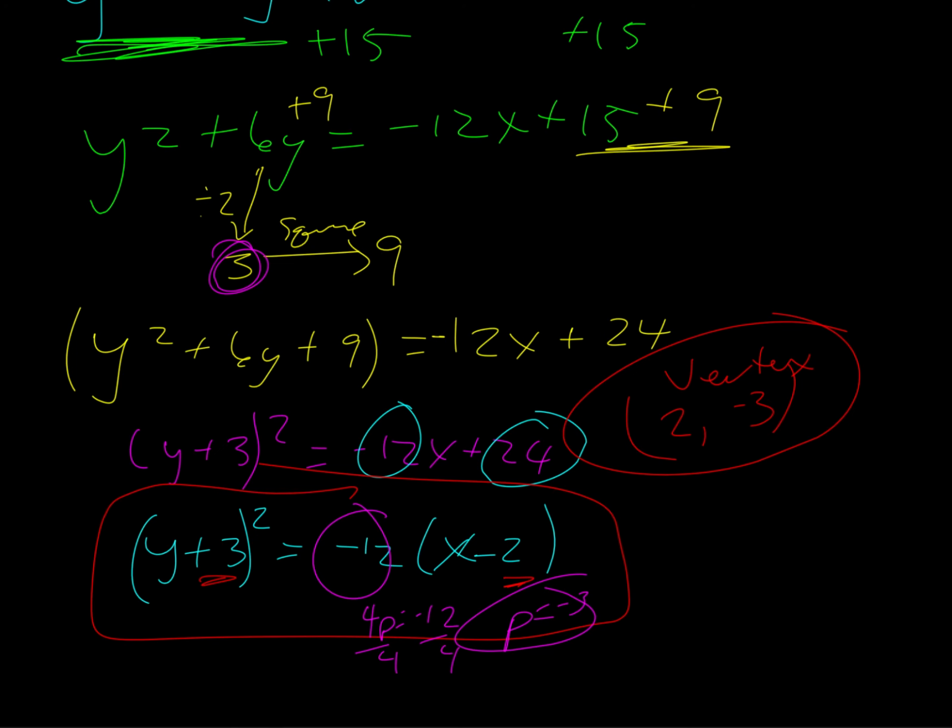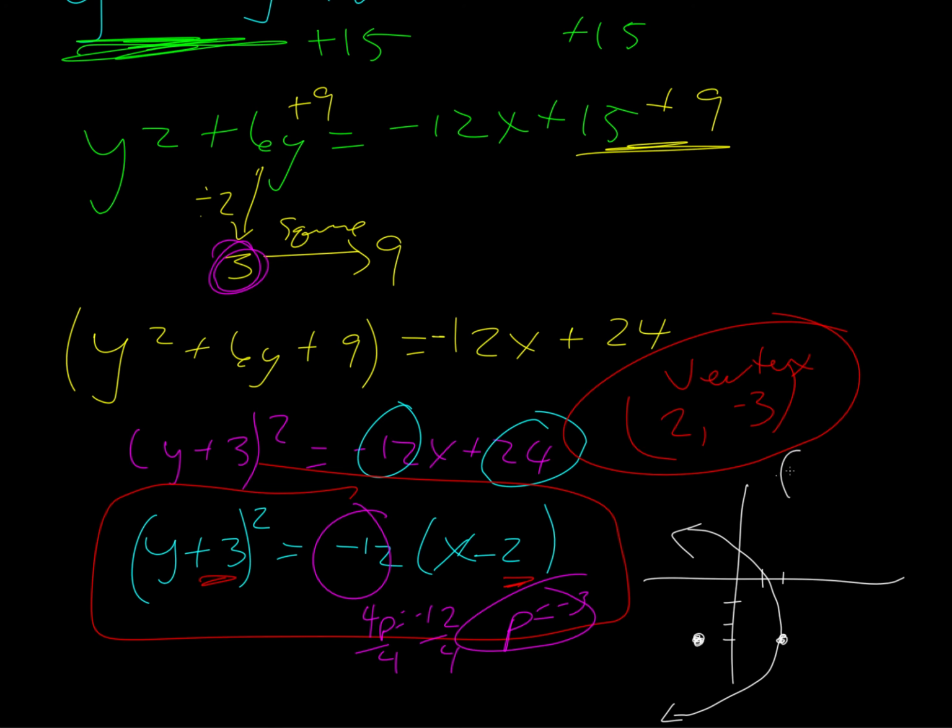Now, I think graphing, or at least making a rough graph of this, helps. So we go 1, 2, 1, 2, 3. And because the y is squared, we know that it's a sideways parabola. And because the p-value is negative, it's going to go something like this. Okay, so the focus is going to be 3 in the negative direction. So we're at 2, so it goes 1, 2, 3.